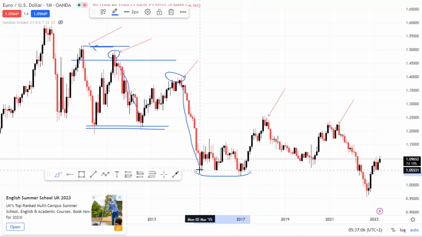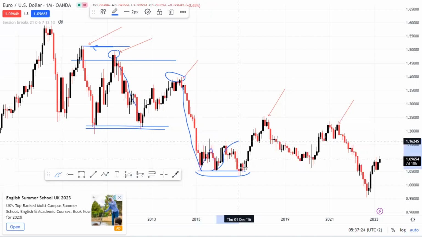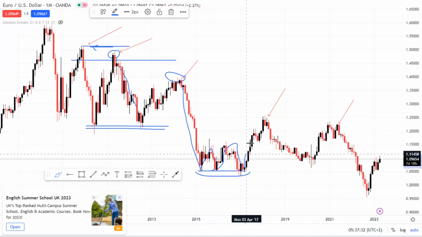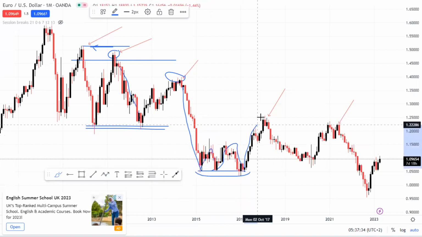Firstly, pay attention and realize that this is the 1 month time frame. After printing this low, price made an attempt to trade higher. We couldn't. We came lower, tried to violate the low. We couldn't. Same thing. Price traded higher, traded back into the level, and we still continued to respect this area in general, before having what I think was a retracement.